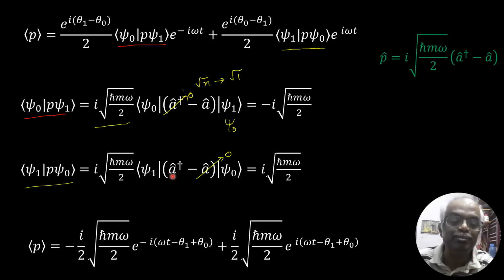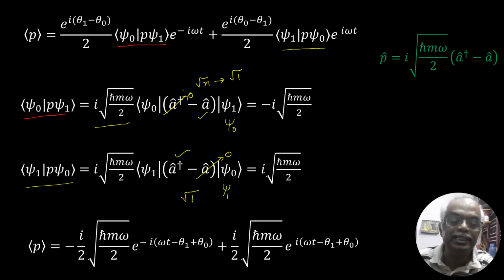Then what happens if a dagger, the creation operator, acts on psi naught? It raises its energy level by 1, that is psi 1, with the expansion coefficient square root of n plus 1. Initially n is 0, 0 plus 1 is 1, so square root of 1 is 1. Don't worry about it. Only this will contribute.